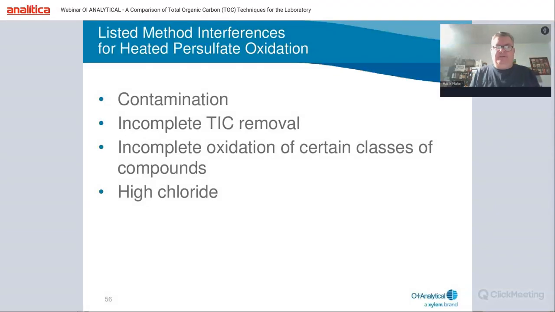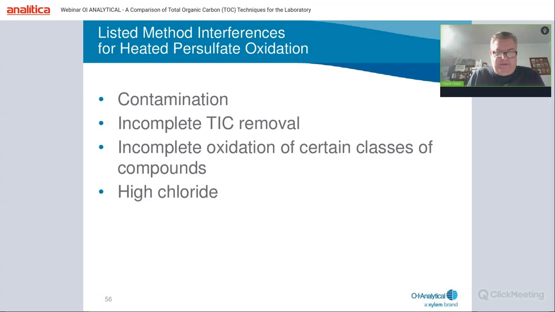There are method interferences for heated persulfate. There could be contamination, incomplete TIC removal, incomplete oxidation of certain classes of compounds, and high chloride. Particular attention to good laboratory practices should be employed to avoid contamination of the glassware.